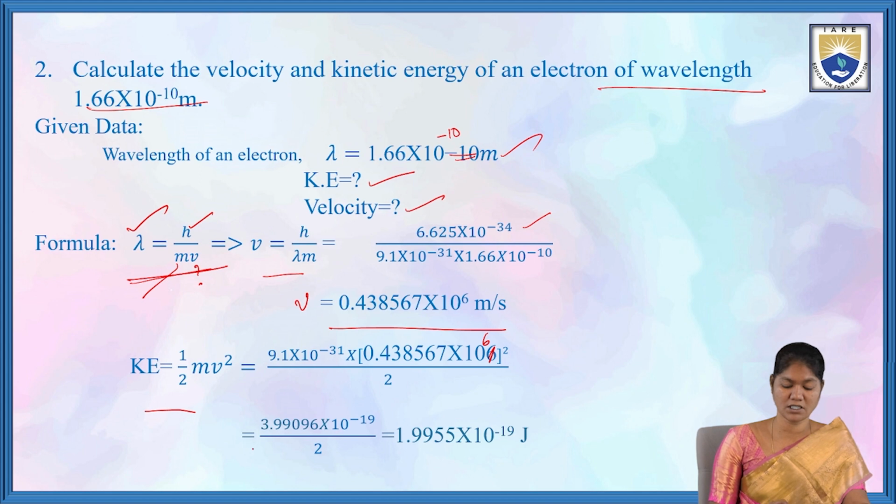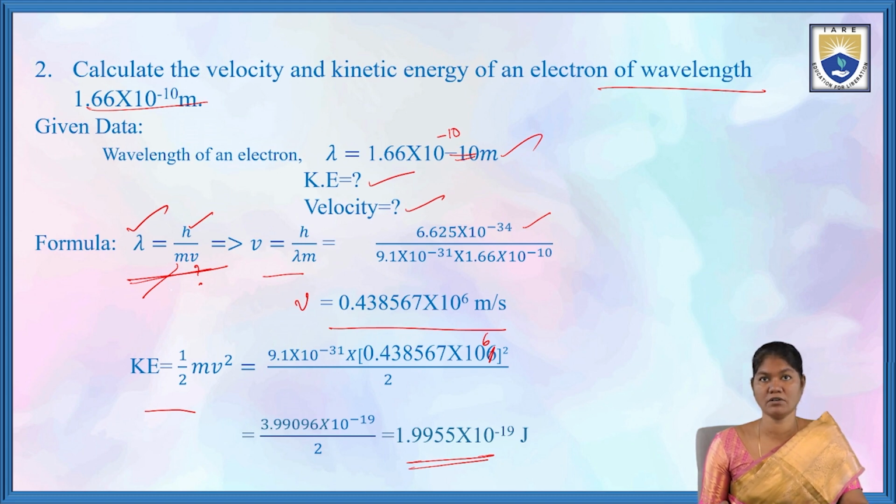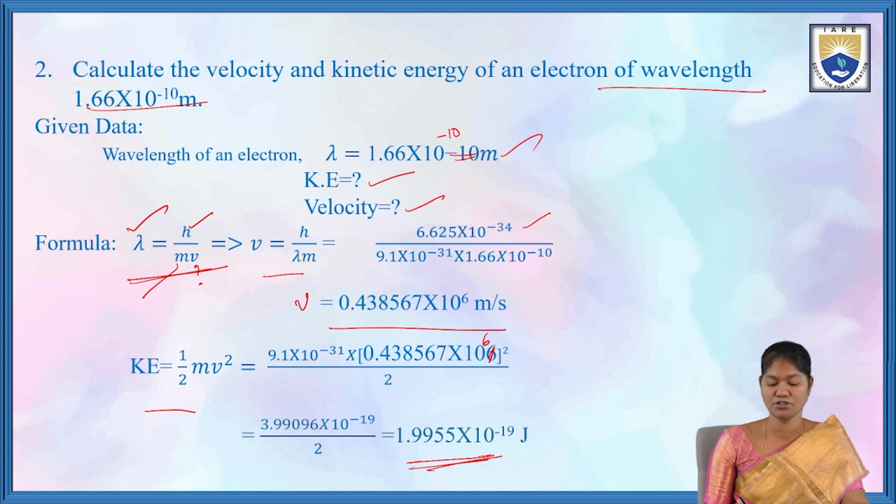So that is equal to 3.99096 into 10 power minus 90 divided by 2. So the energy we got here is 1.9955 into 10 power minus 90 joule.